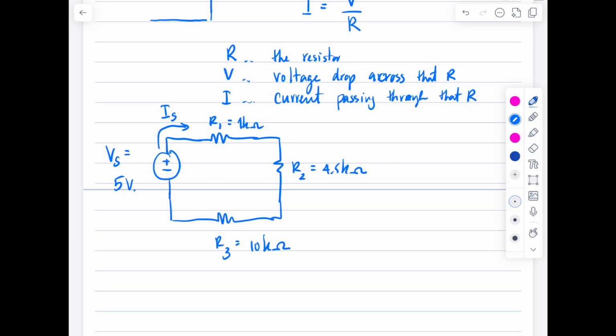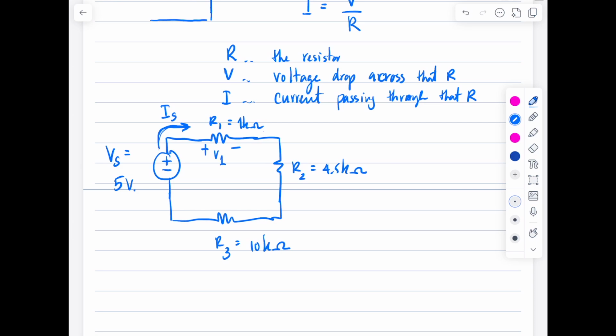So for example, in this case, IS flows out from the positive side of the voltage source. It flows passing through R1, which would result in a voltage drop, a potential difference at R1, right? The current would enter the positive side of the voltage drop and leave on the negative side. So therefore, there's a voltage drop here that's called V1.